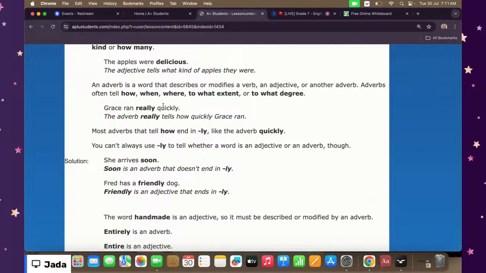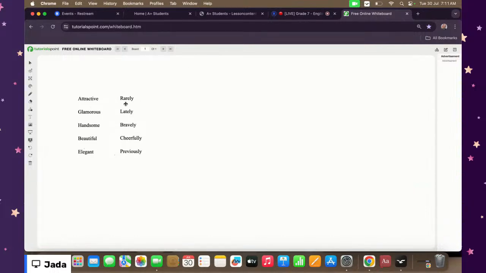Grace ran really quickly. The adverb really tells how quickly Grace ran. So remember that an adverb tells us how. So really is telling us how fast did she run? She ran quickly. Most adverbs that tell how end in ly. I've written down some examples here for the adverbs.